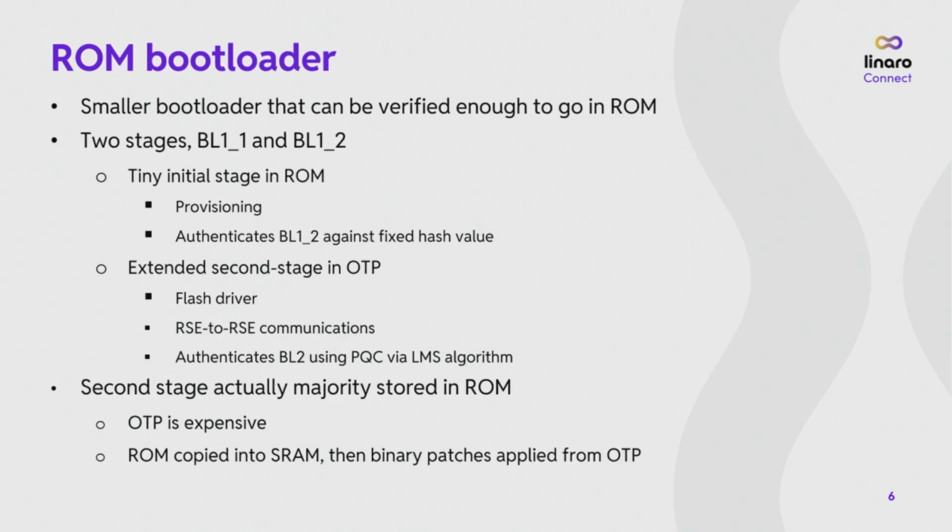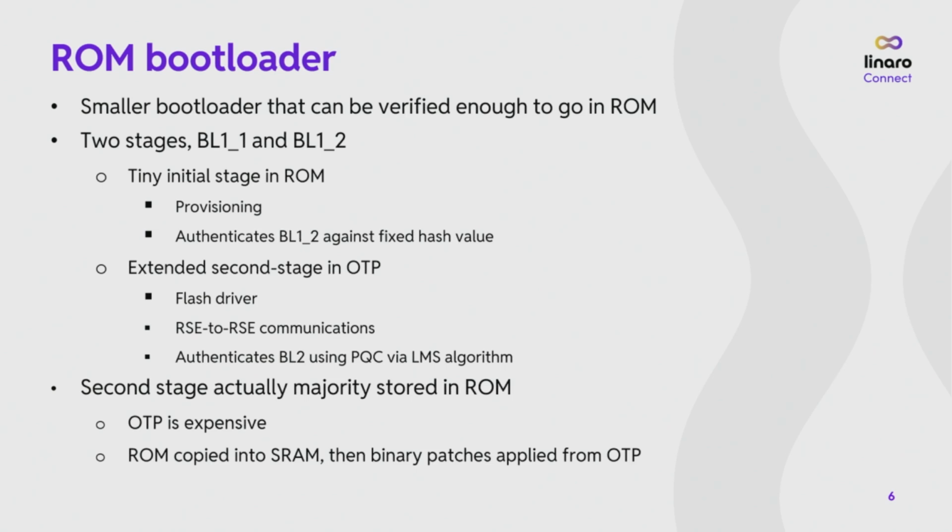As I said, one of the new capabilities that we have added is the two-stage bootloaders. Typically in a microcontroller, when TFM is deployed, the microcontroller would have an inbuilt bootloader. But in the case of RSE, we've created BL1_1 and BL1_2. BL1_1 is typically aimed at the ROM. It is baked into the silicon, so it's quite critical.